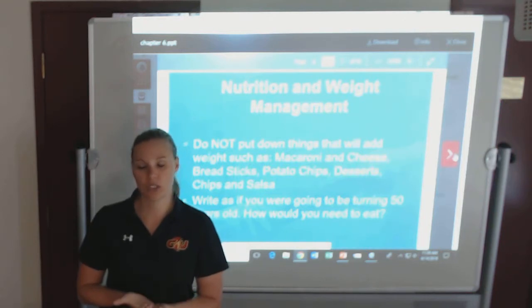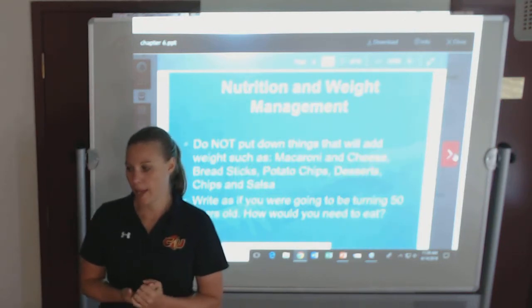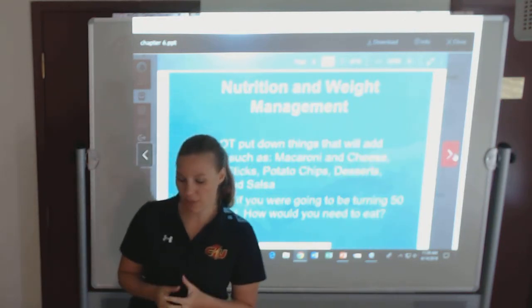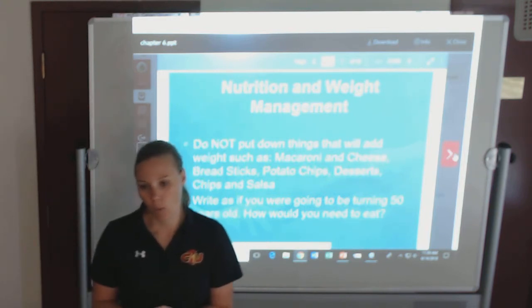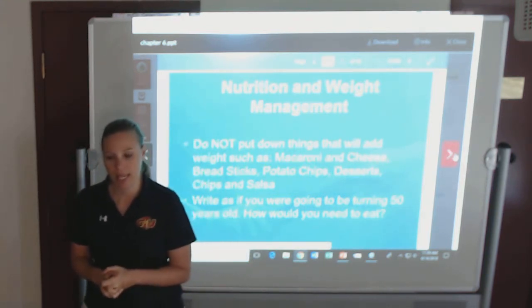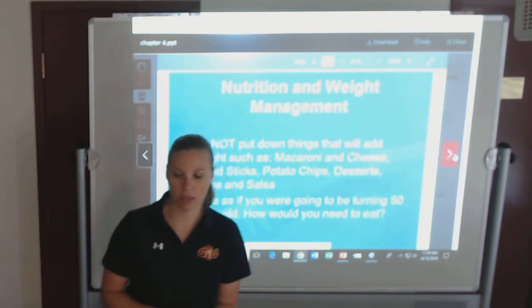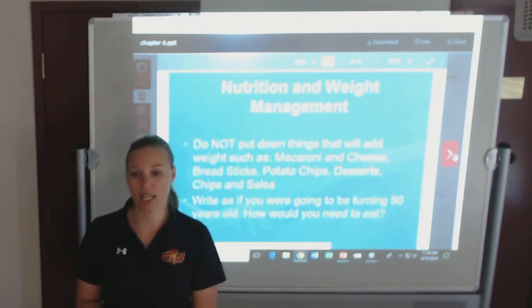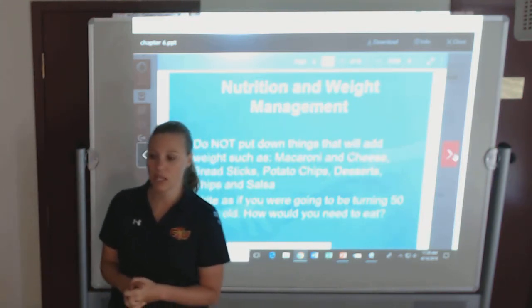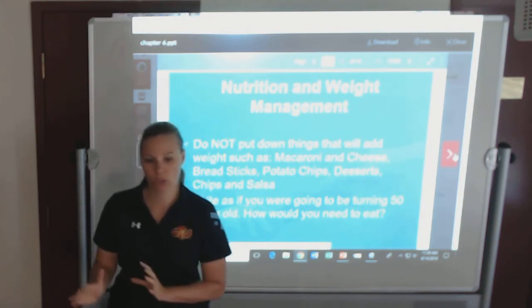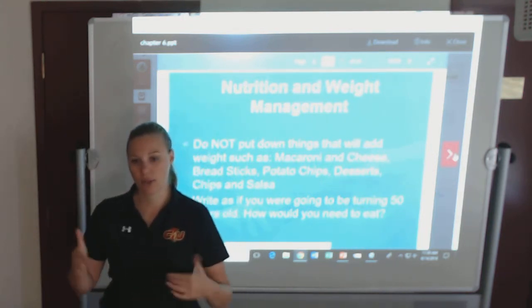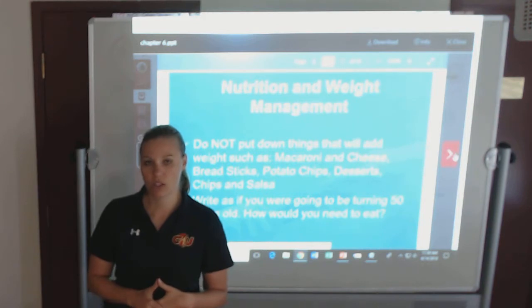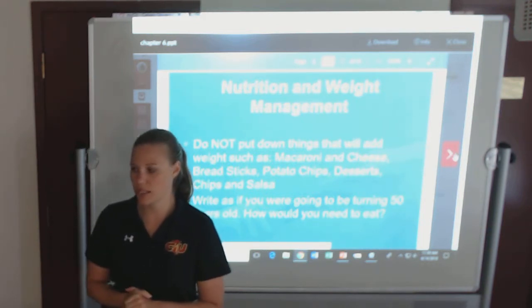Would it include desserts or chips and salsa? And what about if you were to turn 50? What is your metabolism going to be? Is it going to be high or is it going to be low? Most people, when they turn 50, have a lower metabolism as a result. So as you grow older, you need to start decreasing those desserts, decreasing those high carb elements like macaroni and cheese and breadsticks.